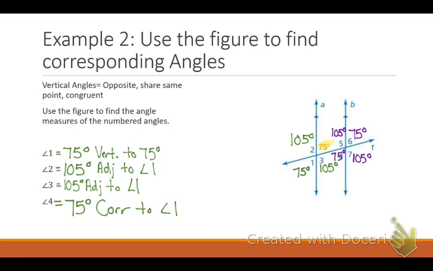And 7 corresponds with which angle? 3, and it's the same. 7 is adjacent to what angle? 6. 6 adds up to 180, and 4 adds up to 180, and it's vertical to what angle? 5, and guess what? They're the same. So do you see, guys, how they all work together? Are you understanding that?